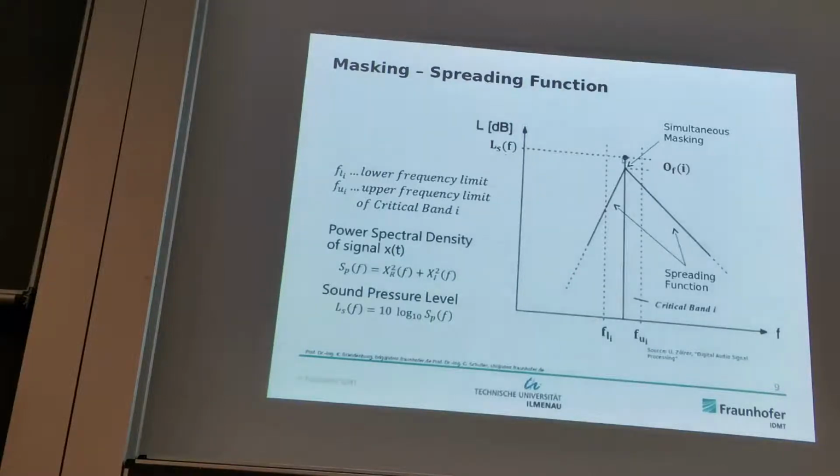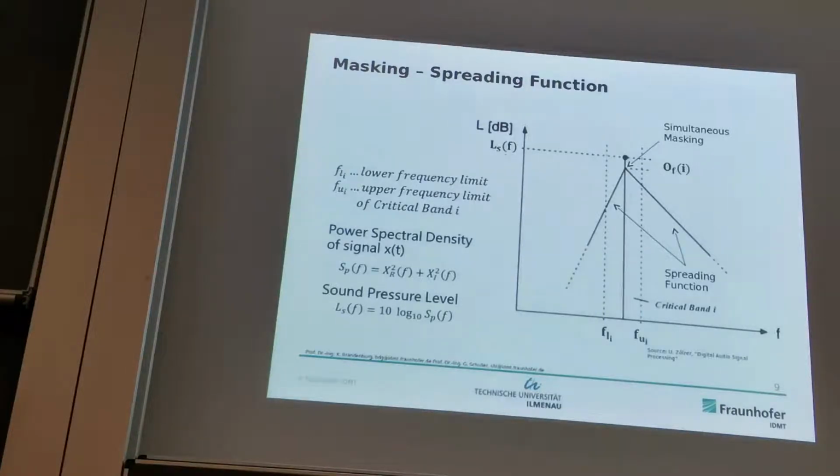And simultaneous masking means anything that is masked by the sinusoid. So you have a maskee which is on the same frequency, below the masking threshold. So this is the effect: a strong sinusoid can mask a weaker sinusoid, and that is called simultaneous masking.